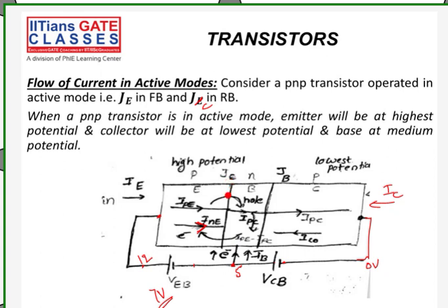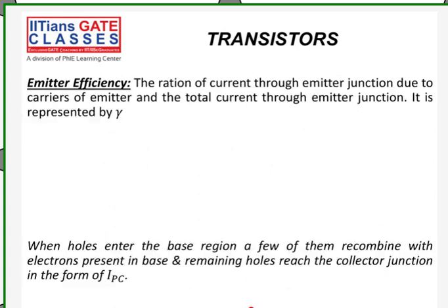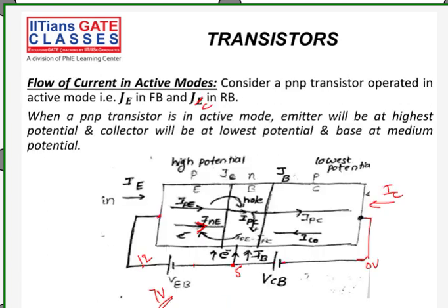That is clear here. So the net current through this emitter junction will be what? The sum of these two currents. I have not mentioned here, I'll write here the sum of these two currents: IE is equal to IPE plus INE.